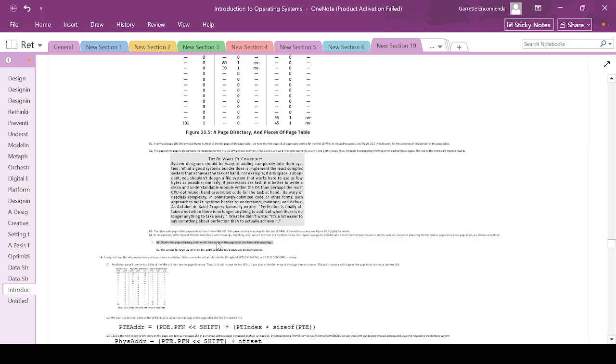1 for the page directory, 2 for the chunks: 1 for the page directory, which is the 16 pages, and 2 for the chunks of the page table that have valid mappings.